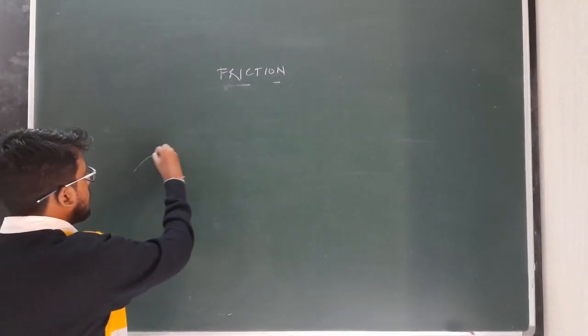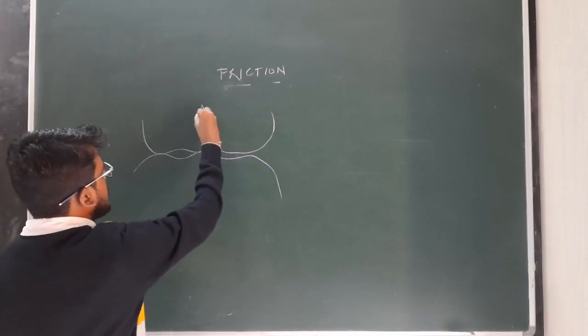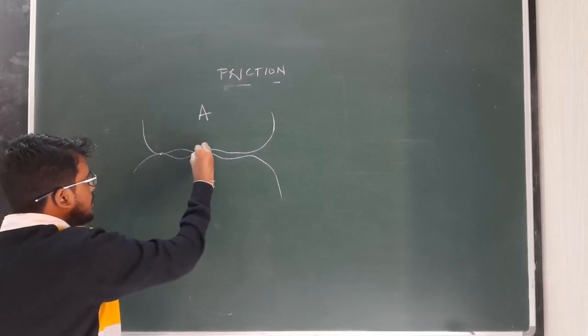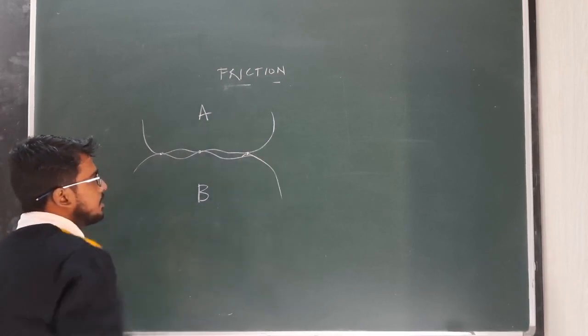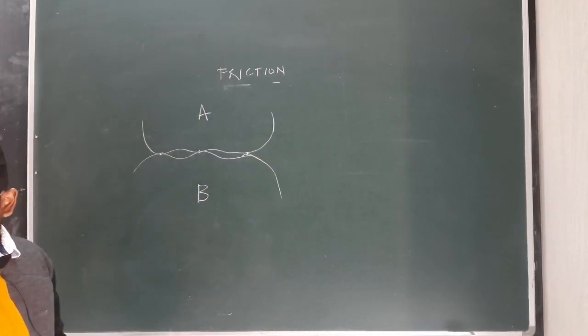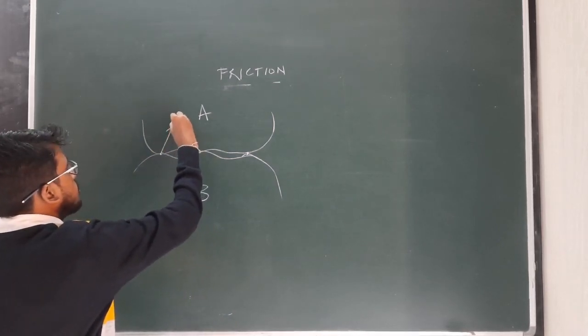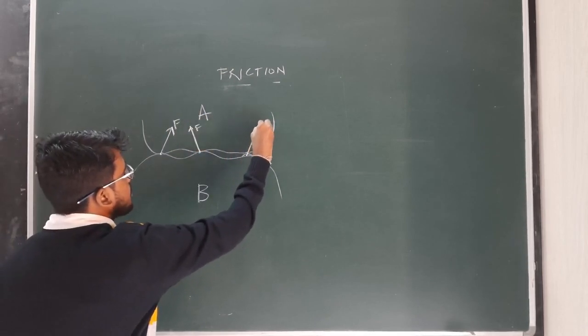The contact force between any two surfaces can be along any direction. For example, consider a surface of body A and a surface of another body B. There are certain points where the bodies are in contact, and at the point of contact these bodies apply a certain force. This is the force F due to contact, and here this is the force F due to contact.